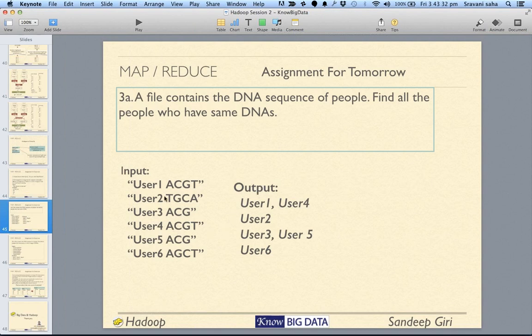For this case, user 1 and user 4 have the same DNA, while user 2 and user 6 do not have any other user with the same DNA, and user 3 and user 5 have the same DNA. You can see that.